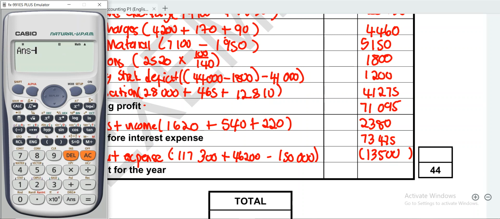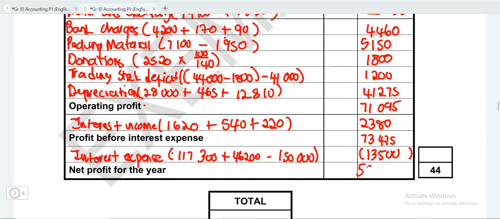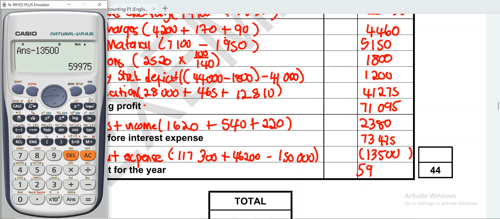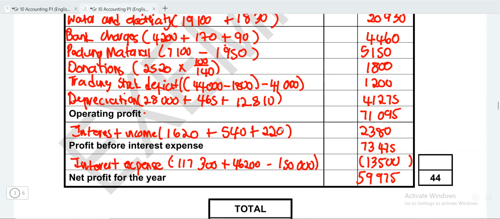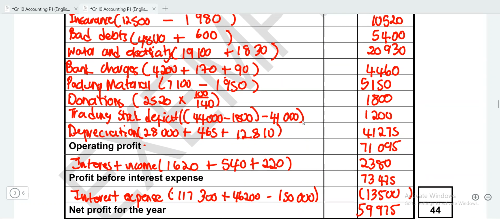Then if we say subtract 13,500, it is going to give us the net profit for the year, which is 59,975.